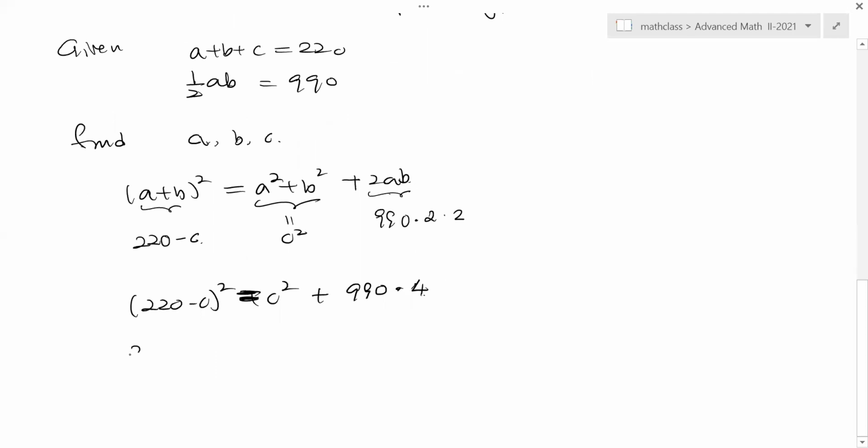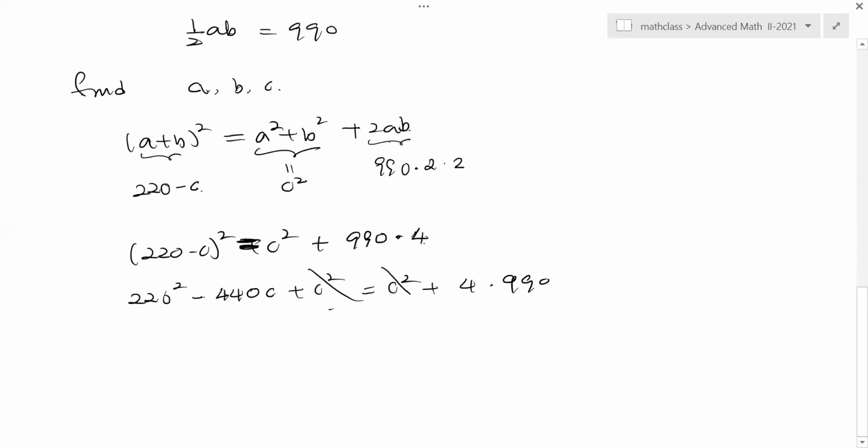So you will get 220 squared minus 220 times 2, which is actually 440, C, plus C squared, and this equals C squared plus 4 times 990. So C squared is gone. Then you will see this C is here. So actually 440C equals 220 squared minus 4 times 990.